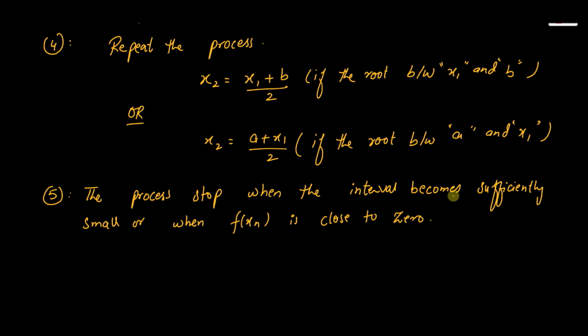So the final approximation, or we call it the final midpoint, is taken as our approximate root. And that's how the bisection method works.